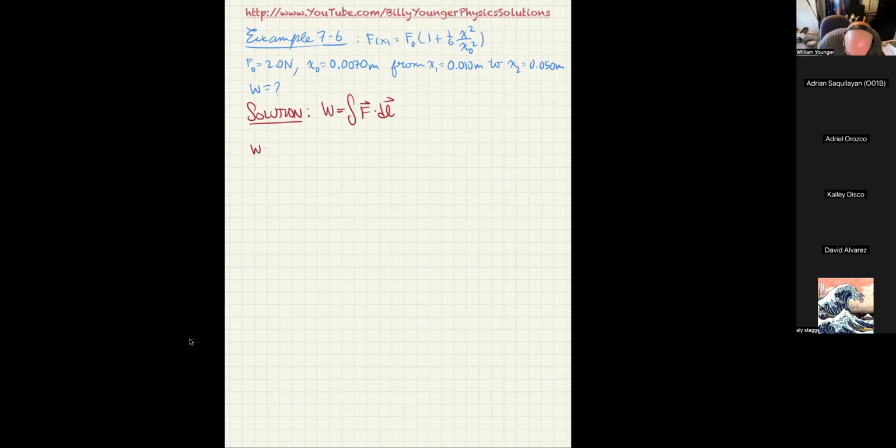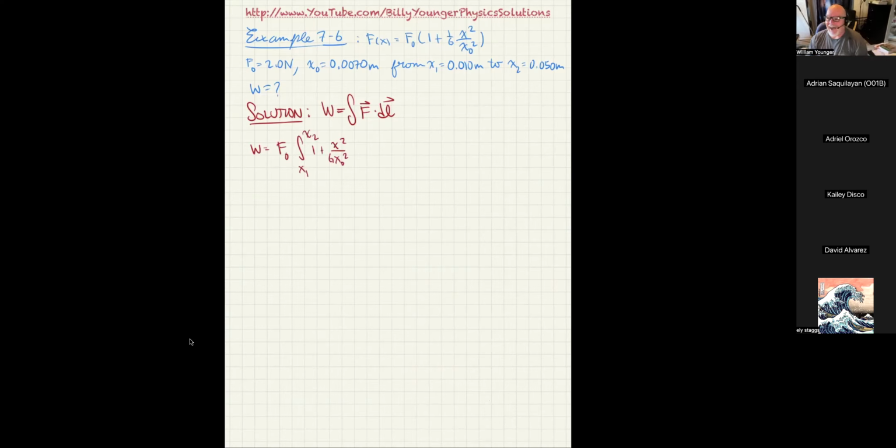So I'm going to say work is equal to, in this case, I'm going to go ahead and take the F0 and pull it out front because it is just a constant, 2.0 newtons. Now I'm going to integrate from x1 to x2 of 1 plus x squared over 6x0 squared.